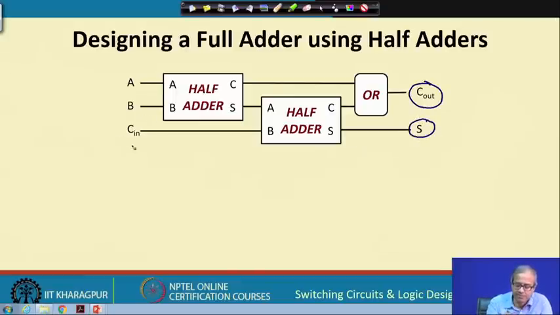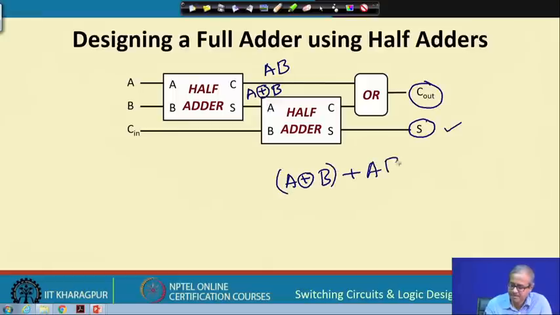So, if A B are the inputs, the carry is nothing but A B and sum is nothing but A XOR B. In this half adder, you are again applying the third input with A XOR B. So, sum will be correct, A XOR B XOR C, sum is obviously correct, but you will have to check this A XOR B or A B. This is what is carry out. So, I leave this as an exercise for you to verify whether this is actually equal to A B.